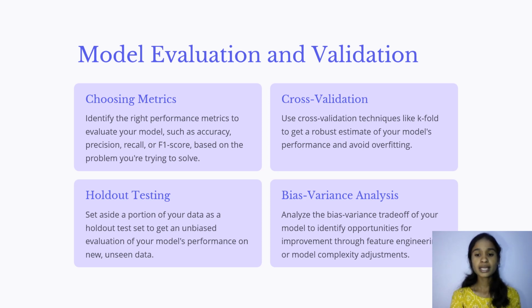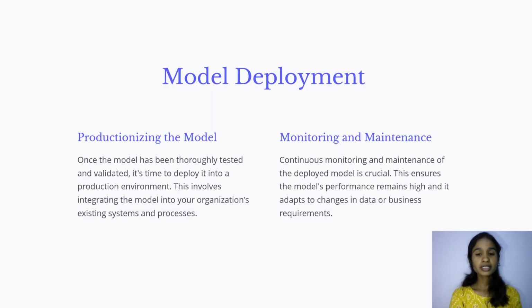Next, bias variance analysis. Analyze the bias variance trade-off of your model to identify opportunities for improvement through feature engineering or model complexity adjustments. Model deployment, productionizing the model, and monitoring and maintenance. Once the model has been tested and validated, it's time to deploy it into a production environment.